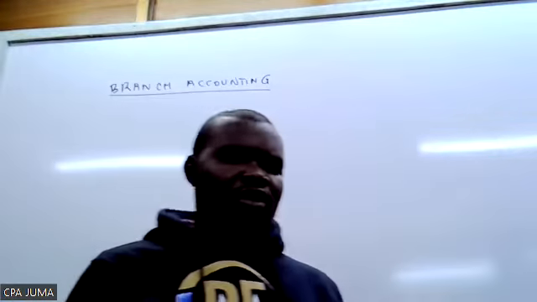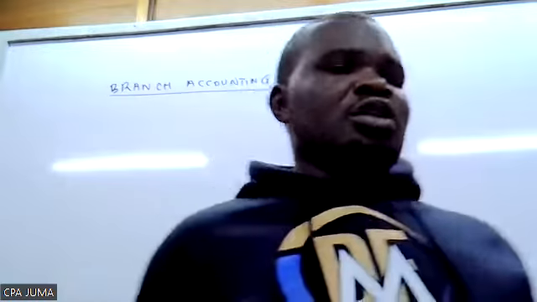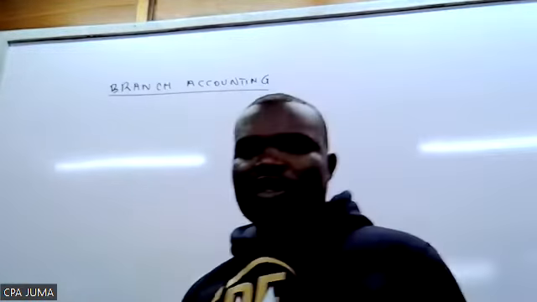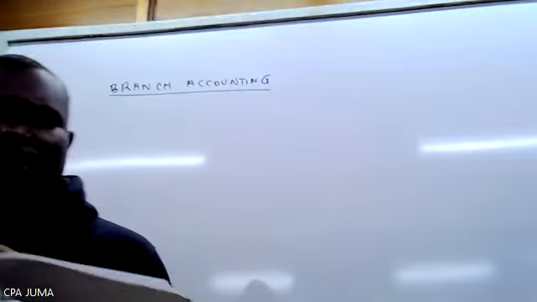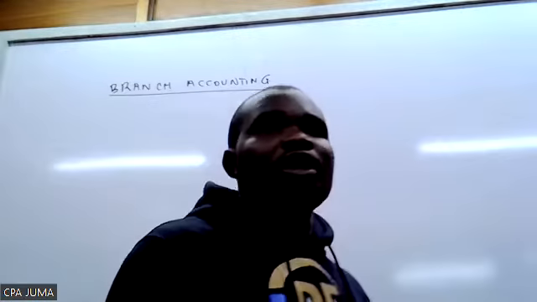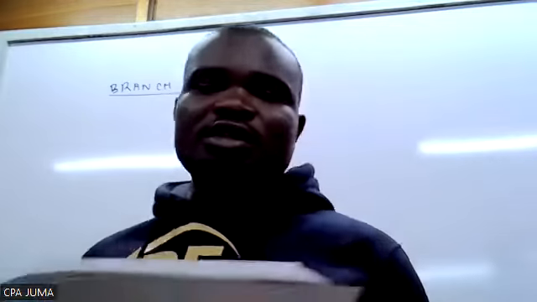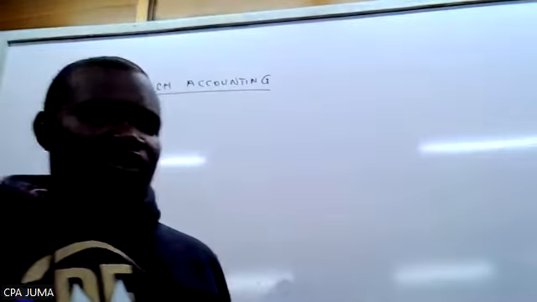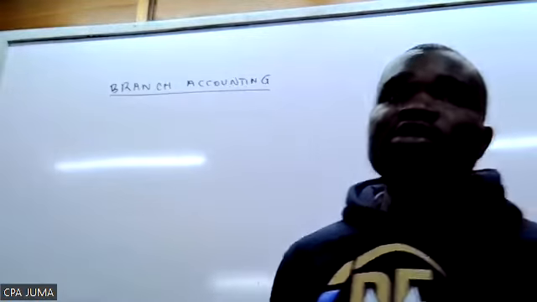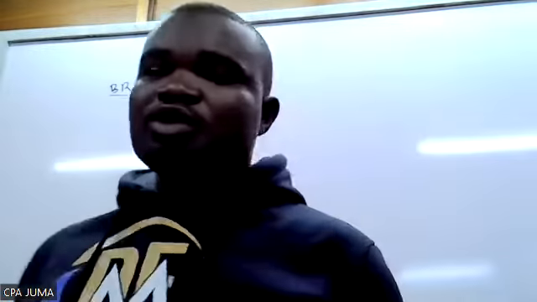So we are saying a branch is an extension of a business in different geographical areas in order to meet the customer needs. Head office needs to account for all its branches due to the following reasons. So these reasons are also the advantages.